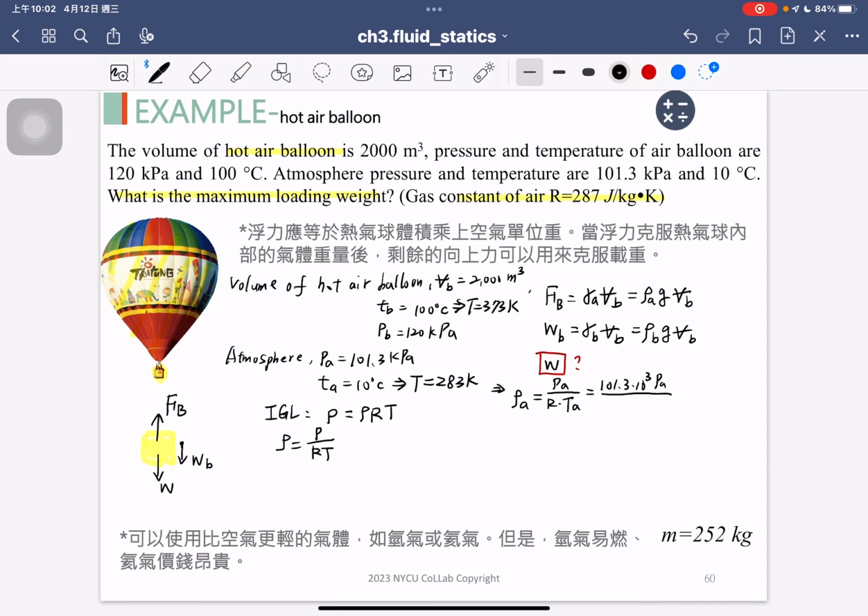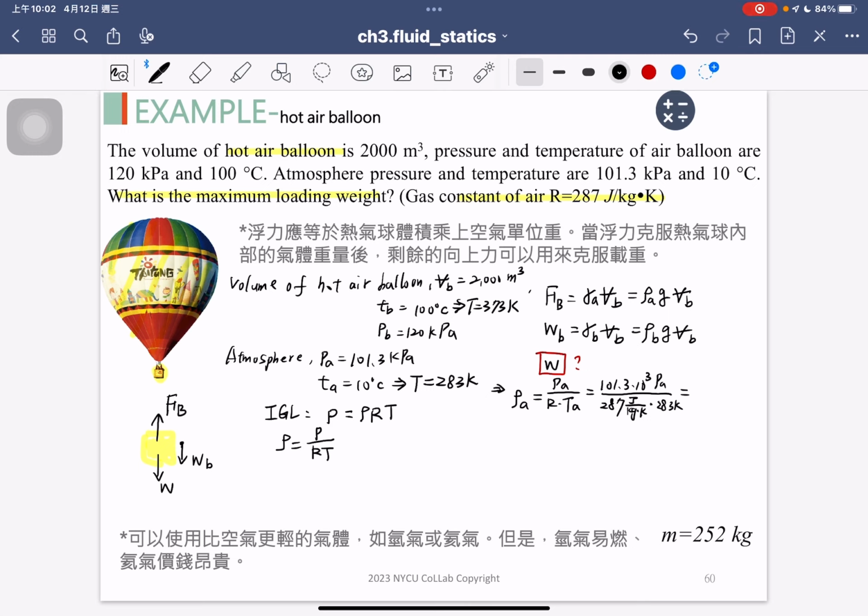You can write down the gas constant as 287 Joule per kilogram Kelvin, and the temperature in the atmosphere is 283 Kelvin. And you can compute the final density for the atmosphere air.